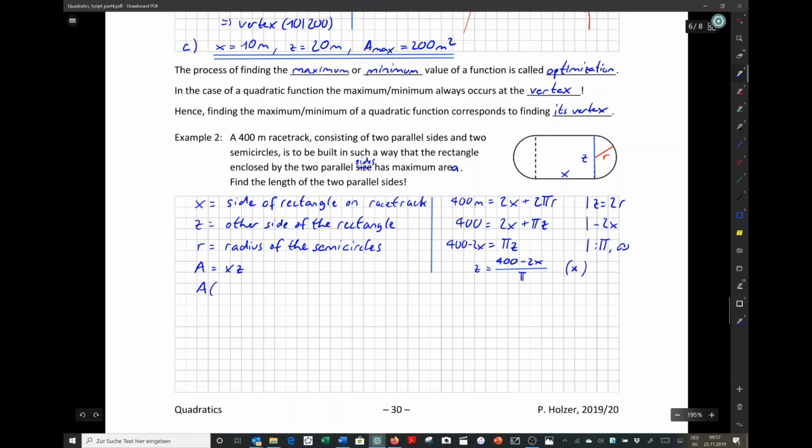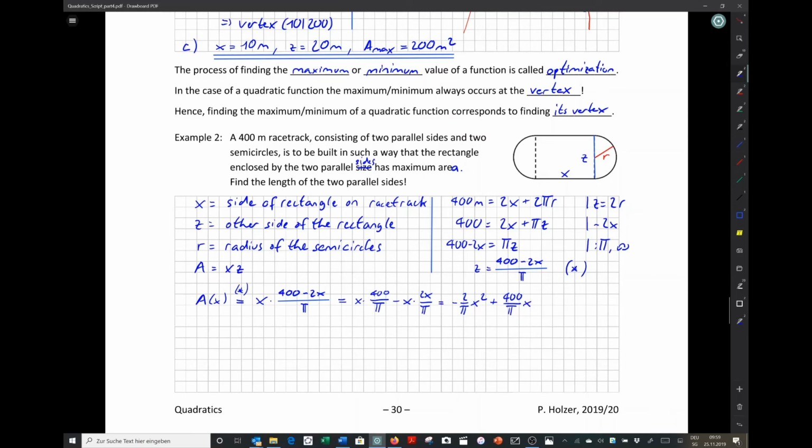So we can now write our area as a function of x, so A of x equals, using the star equation, x times (400 minus 2x) divided by pi, which is equal to x times 400 divided by pi minus x times 2x divided by pi, and we get in the end minus 2 divided by pi times x squared plus 400 divided by pi times x.